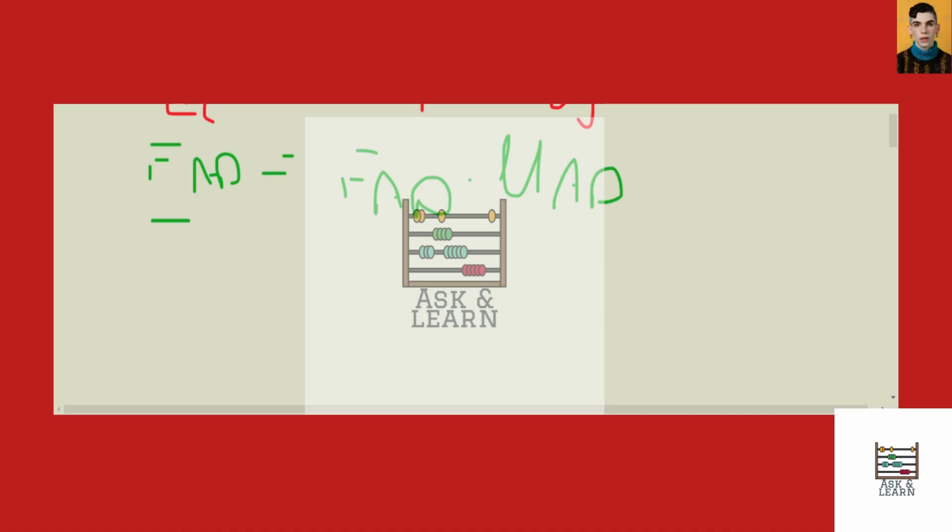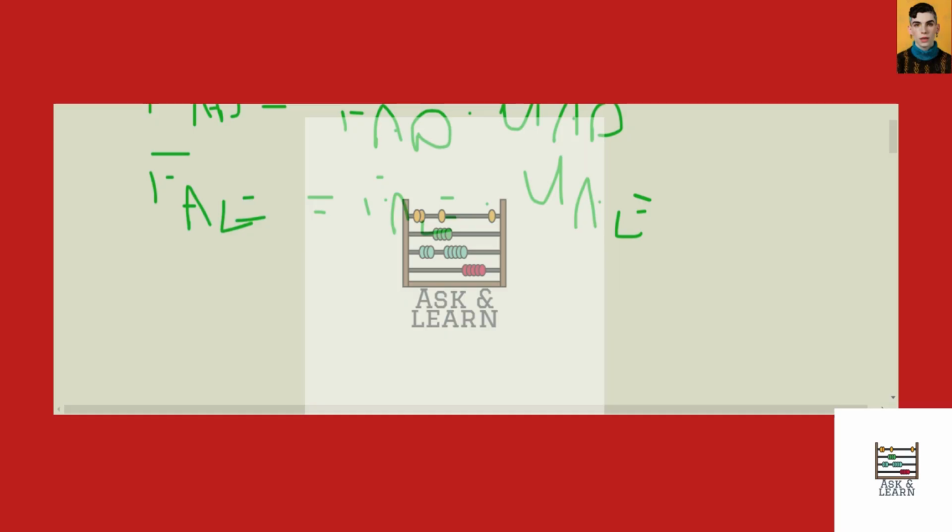and FAE is equal to FAE into UAE, where the unit vectors UAD and UAE can be found as UAD is equal to AD upon mod AD and UAE is equal to AE upon mod AE.